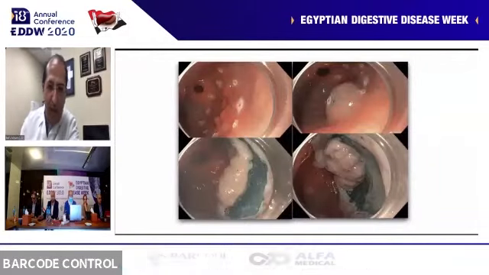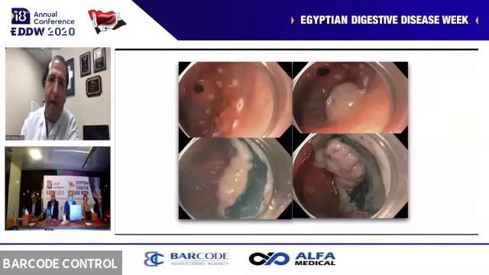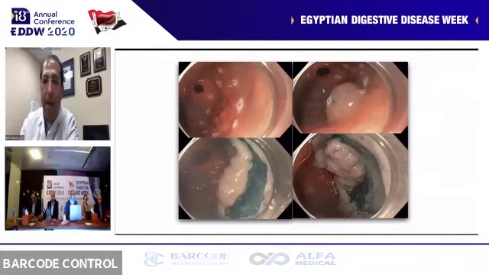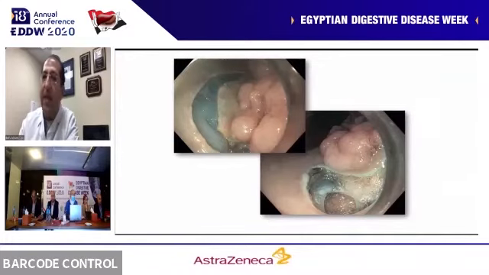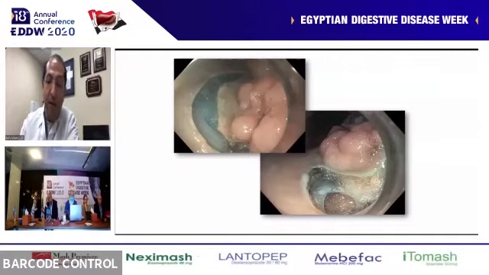This is a case of an ESD of a gastric lesion by the antrum with high-grade dysplasia, intramucosal cancer, and creation of a third space, as you can see. And then, it came about from doing a lot of third space cases. This was a colonic ESD that we ran into a perforation situation. You can see the peritoneal fat. If in a regular endoscopy you see that, you're in trouble.